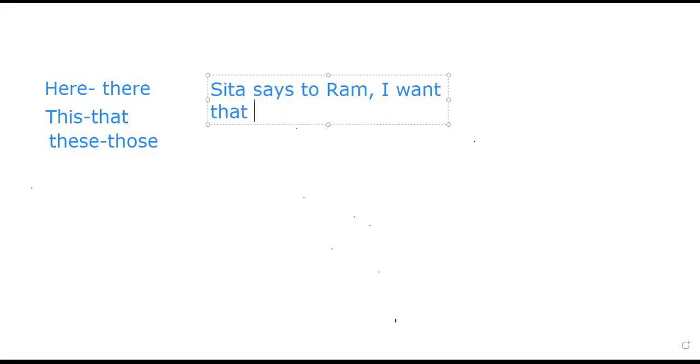Let us do some sentences, simple sentences only. Okay, for example, Sita says to Ram, I want that golden deer.